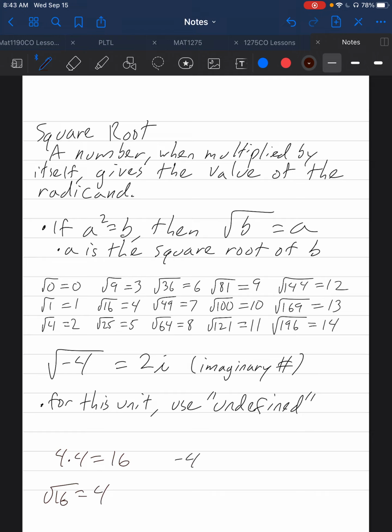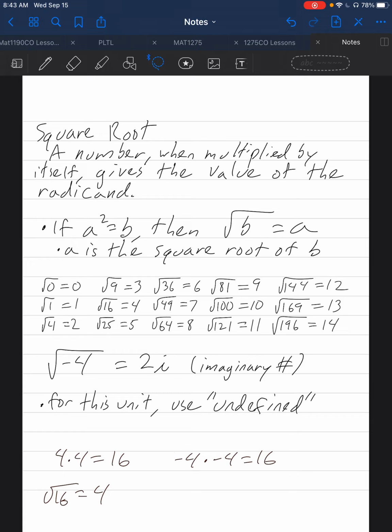If you are multiplying -4 times -4, that is also equal to positive 16. Now this symbol signifies what's called the principal square root, which means positive, right? There are different scenarios in which we will have to consider both positive and negative 4, but that's for equations, not for square roots on their own.